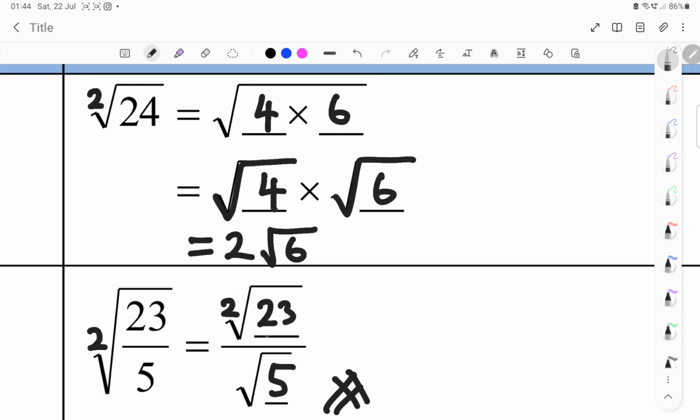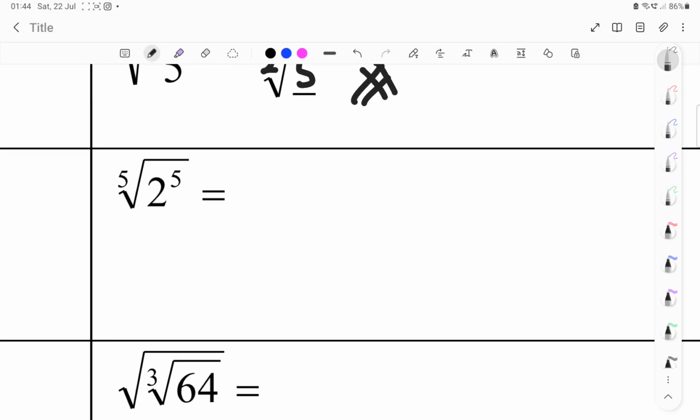Actually, the 2 is there, but it's not written because it's understood. If you don't want to write, that's fine, but it only means it is a square root, not any other root. If you are referring to any other root than square root, then you have to write the number. So you have to take note.